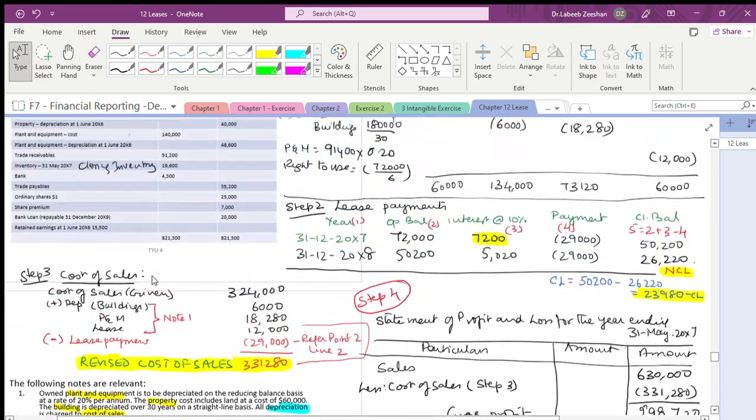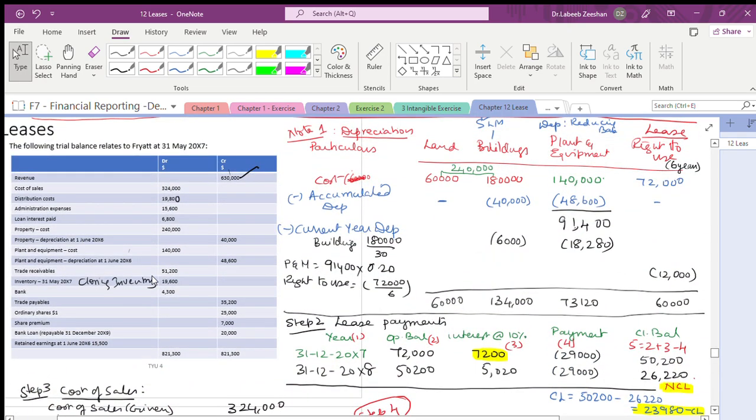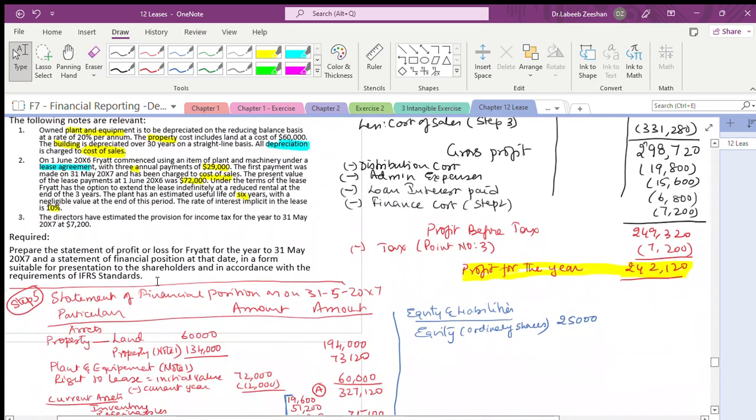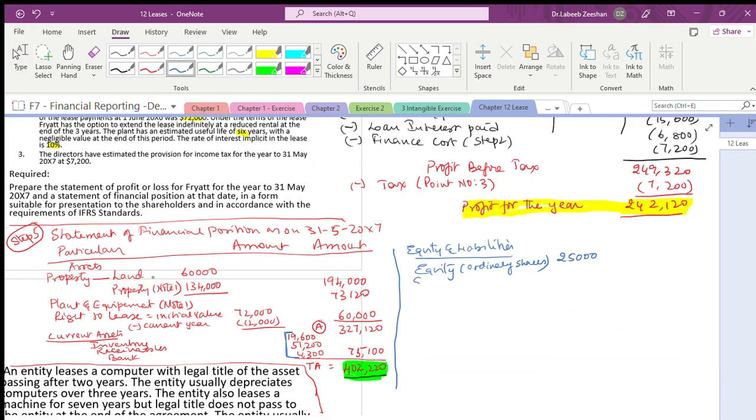Next. What is there? Another thing. Share premium, 7,000. You have retained earnings also. How much are the retained earnings?